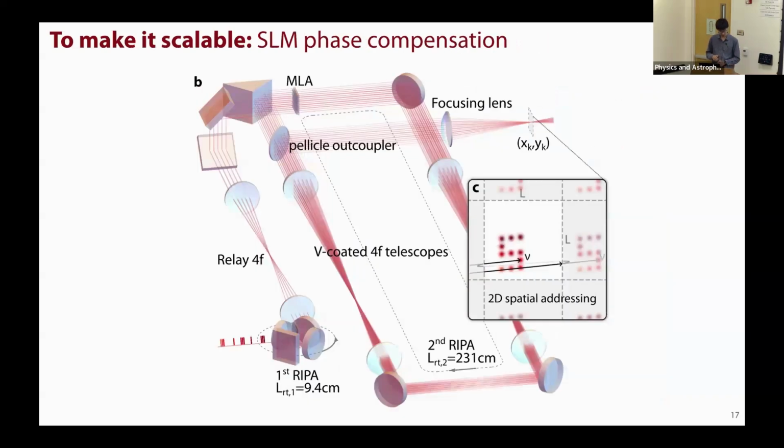Our phase array consists of a bunch of beams coming from the circulating round trips, and any path length variation and optical imperfections will shift their relative phase, and therefore will heavily degrade the interference pattern. To address this, we apply a static SLM phase compensation mask after the generation of the 2D phase array and before the imaging to compensate for these potential residual phase shifts.